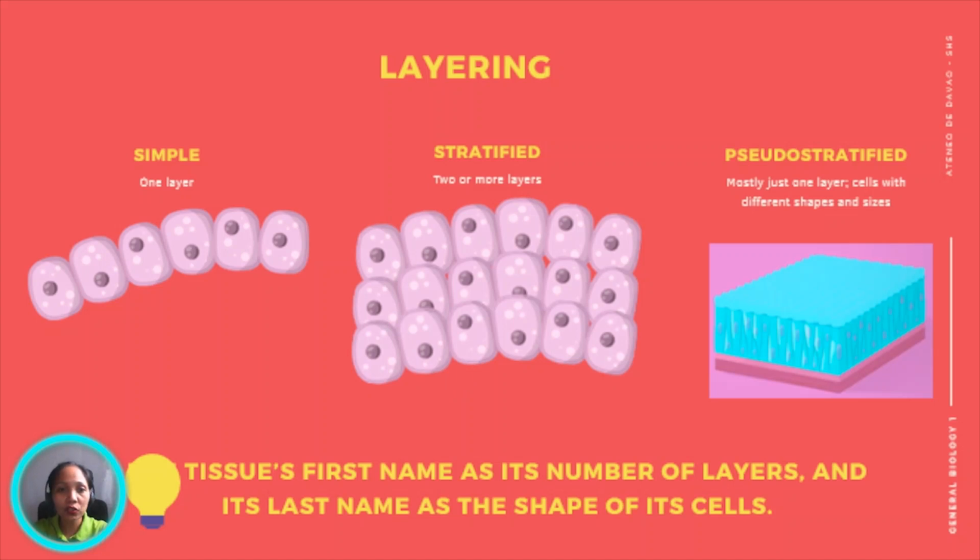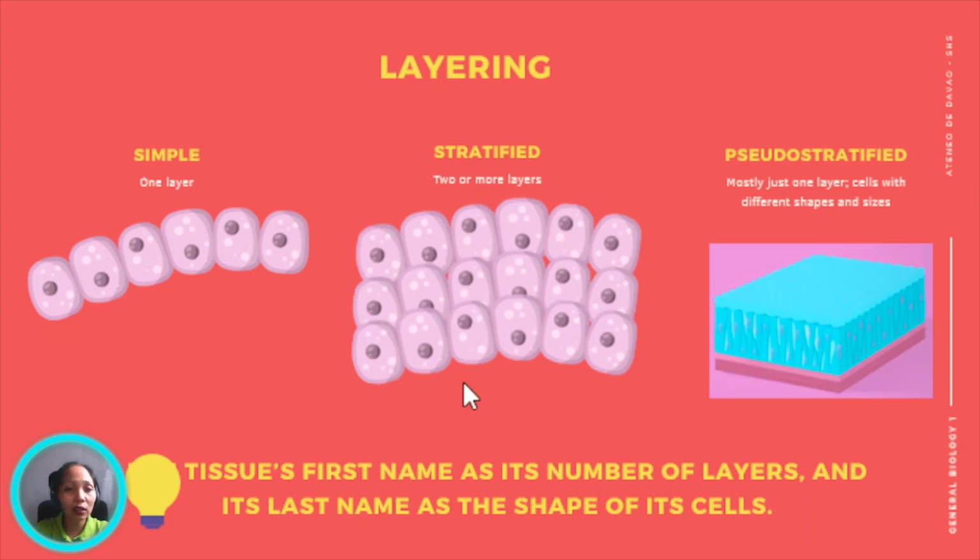A pseudostratified, on the other hand, is mostly just one layer, but it contains different shapes and sizes. From the prefix itself, pseudo, it means false. Thus, pseudostratified is a false multiple layer of cells.